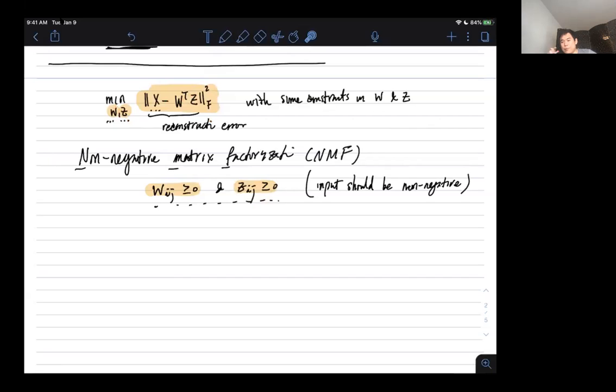That is, we're going to simply eliminate all those negative components by setting them to either 0 or a very small random number. And then that actually gets us so-called non-negative matrix factorization, which is one of the most useful matrix factorization or unsupervised learning algorithm for text analysis, as well as even the biological sequence analysis.